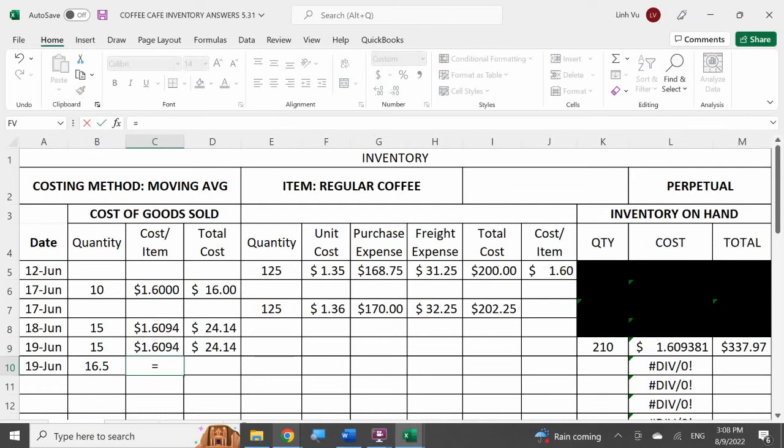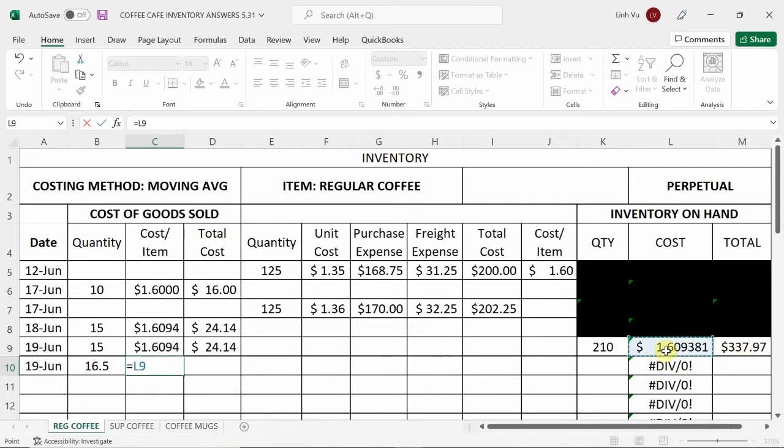So what's my current average cost per item? At 1.609381. Good.